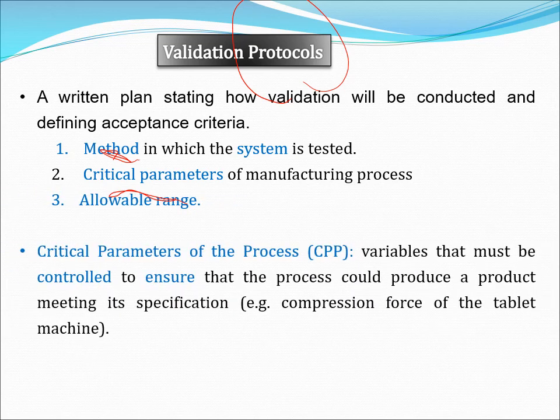So the critical process parameters, or CPP, are the variables that need to be controlled to make sure that the machine or the process is working well, and is able to produce a qualified product, which is a tablet here. And of course, you should mention for every critical parameter what is the allowable range. For example, for the feeding rate, it should be between 20 and 30. For the force, it should be between 4 and 8, and so on.